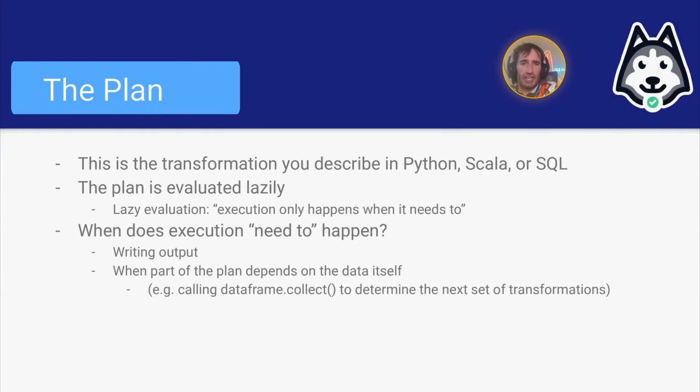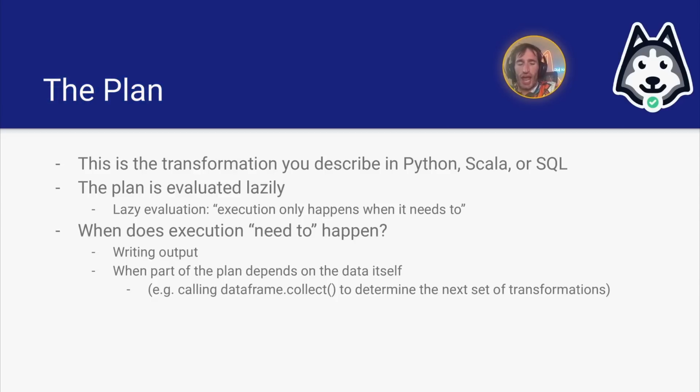Okay, so the plan. You can think of this as the play. The coach will tell the players what play to do. The play can be described in whatever way you want, usually Python, Scala, or SQL, or R if you want to be a weirdo. And then the plan is evaluated lazily.